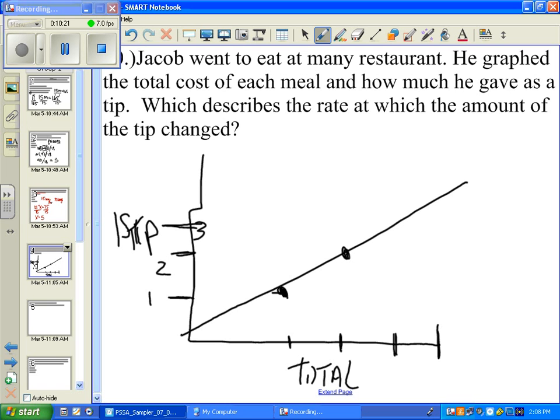So what has happened is we've gone over this way $5, and we've gone up $1. So for the total of the amount of the check, as it goes up $5, we're increasing the tip by $1. And that corresponds to letter C. It increased $1 for every $5 increase in the amount of the check.